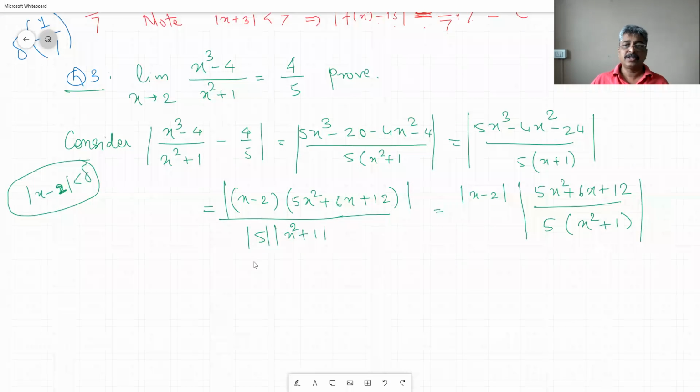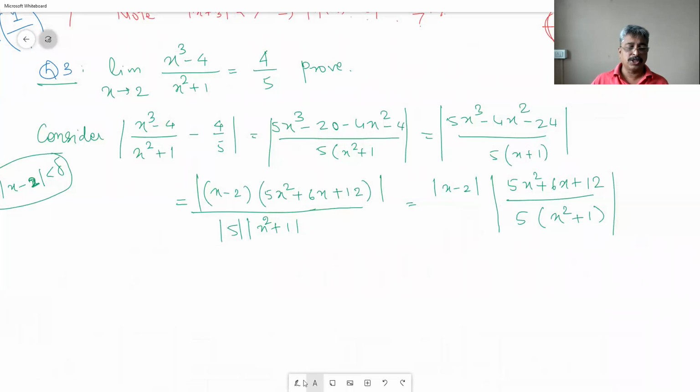Okay, so now our last time procedure was to let delta be equal to 1.